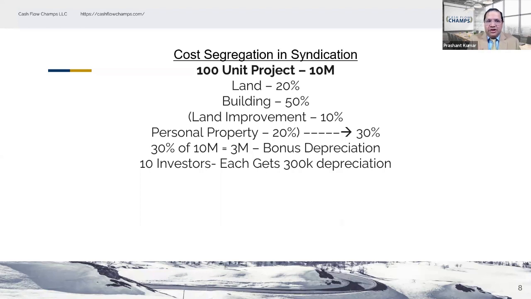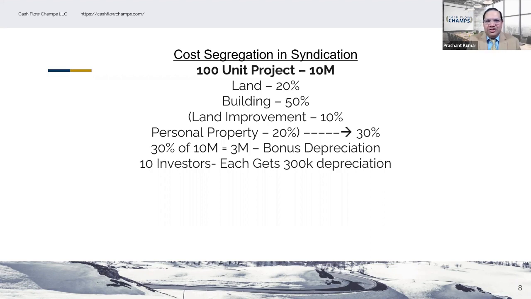Building is 50%. Land improvement and personal property combined is approximately 30%, meaning 30% of that 10 million can be the bonus depreciation. Up to year 2022 it was 100%, could have been taken from day one, but just consider that we can take the whole thing.